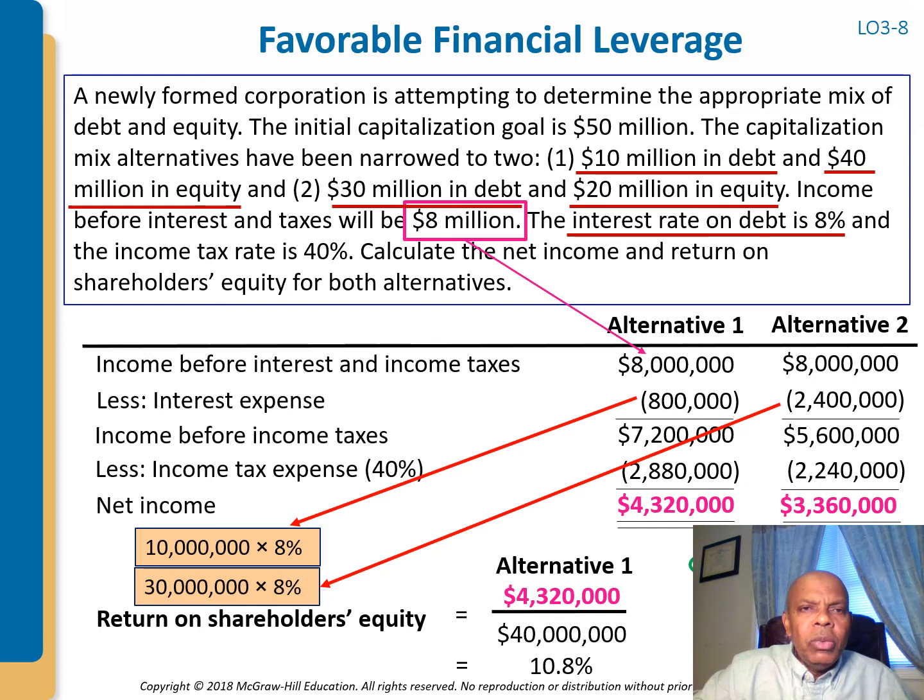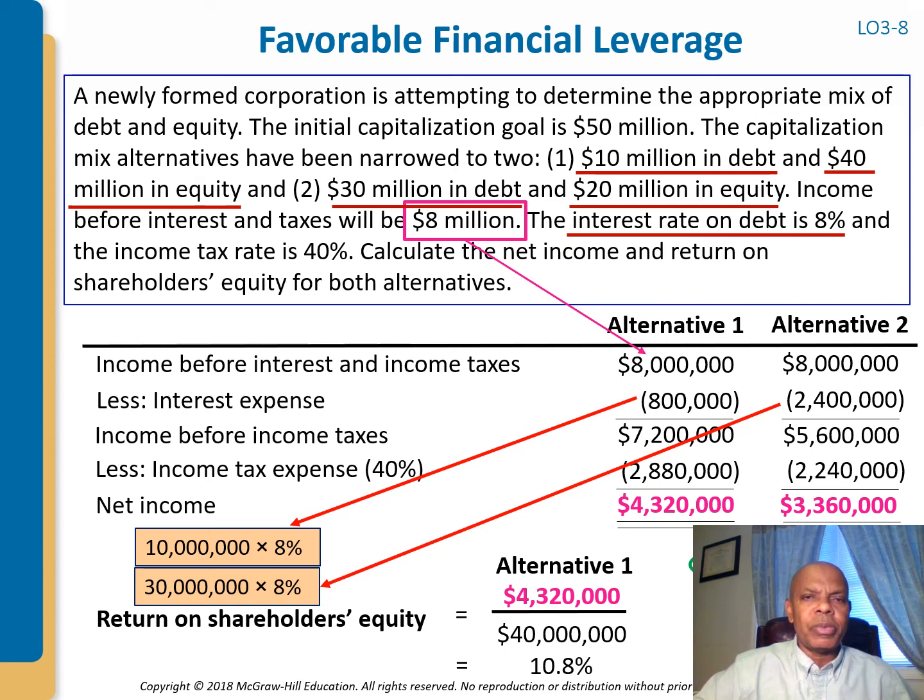Now look at this: a newly formed corporation is attempting to determine the appropriate mix of debt and equity. Again, as I said, it has to have a good mix. The initial capitalization goal is 50 million. The capitalization mix alternatives are being narrowed to two. One, you borrow 10 million and you put in 40 million of your own money.